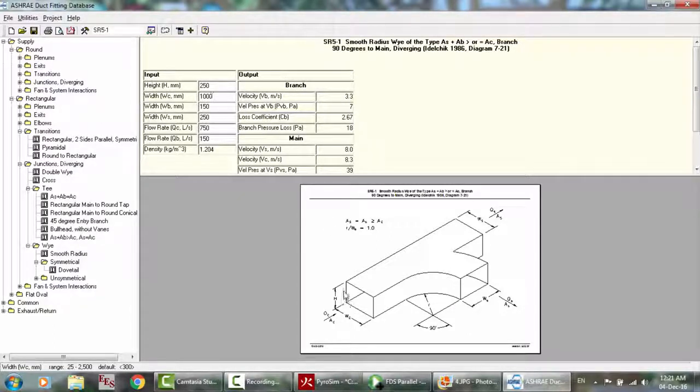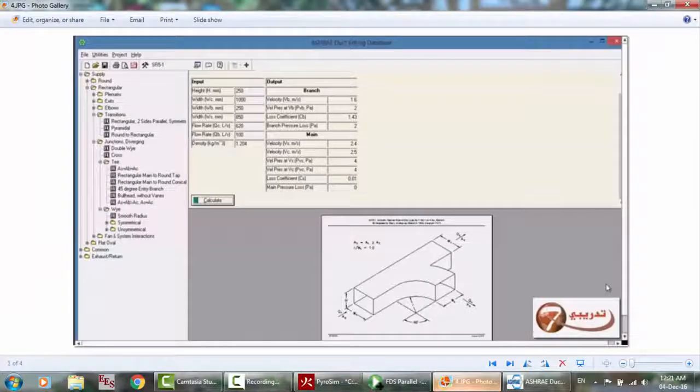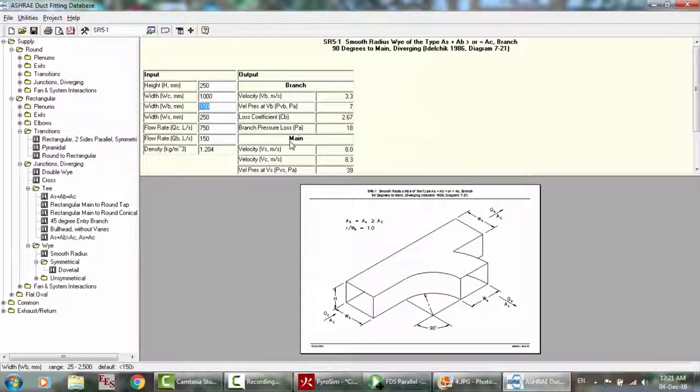Okay, and the width, this is the width. And this is the width of the branch, then the width of the branch WB is 250, and the width WS of this after the branch, WS, 850.